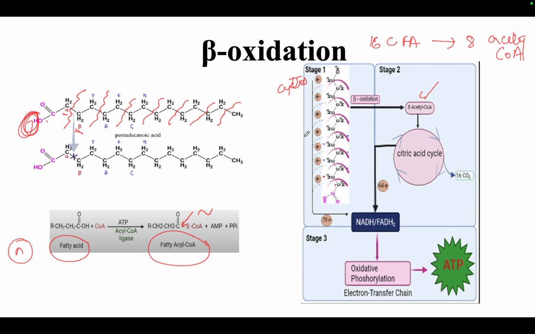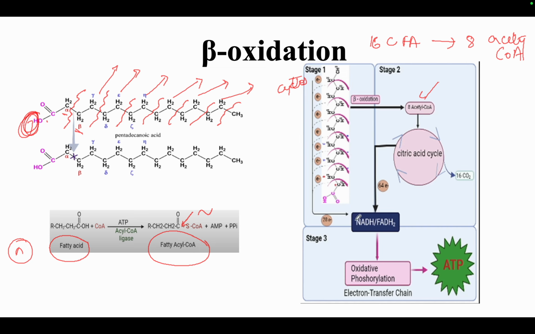So beta oxidation is nothing but the fatty acyl chain being broken down into 2 carbon acetyl CoA molecules. This will become one acetyl CoA, this will become another, and like that it will get broken down into different acetyl CoA molecules, which will further go into the Krebs cycle. That's why acetyl CoA is one of the important regulators of the Krebs cycle.